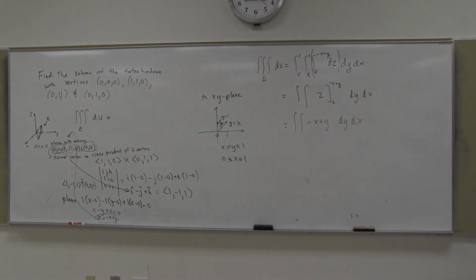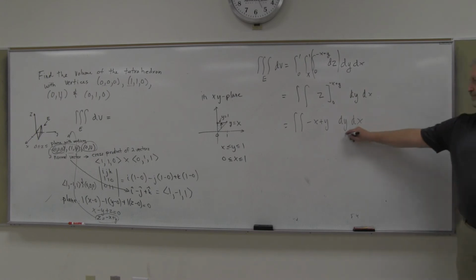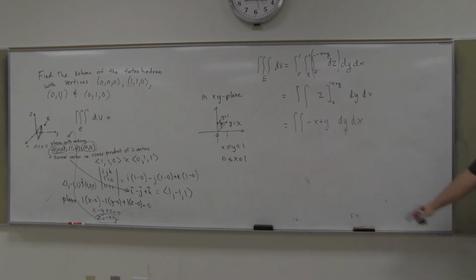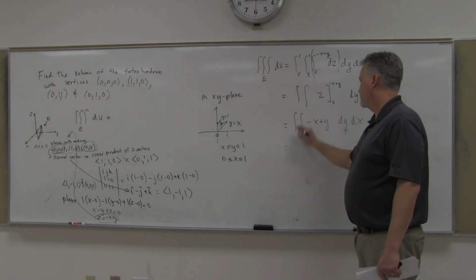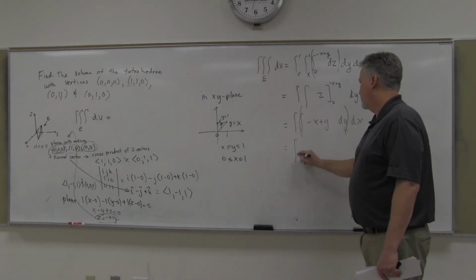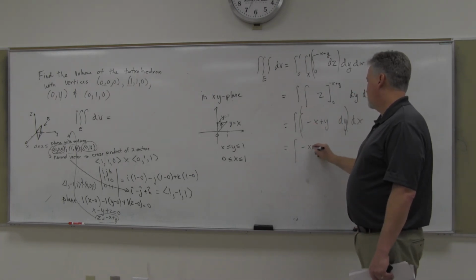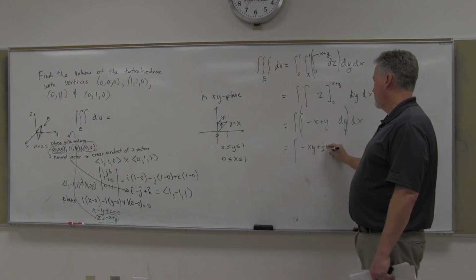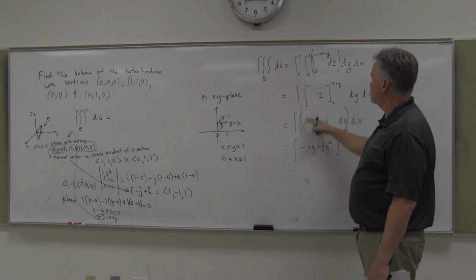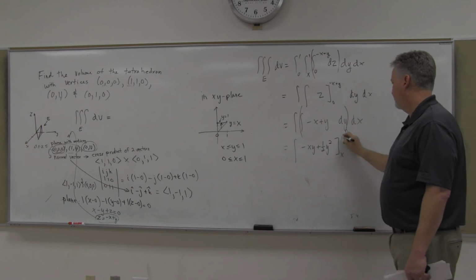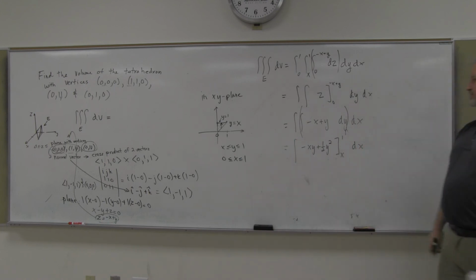Plug in the limits. Now, the second one I'm doing with respect to y, so minus xy plus 1/2 y squared. So I have the integral of minus xy plus 1/2 y squared, and the limits go from x to 1. I integrate with respect to x.